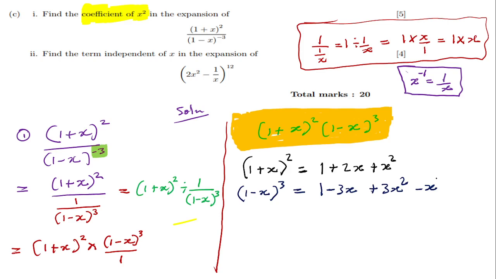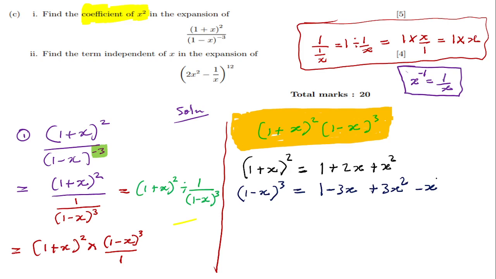Now, after you do this part, these answers we have gotten are not the final answers. Why are they not the final answers? The reason is that we now need to multiply this one times that one.